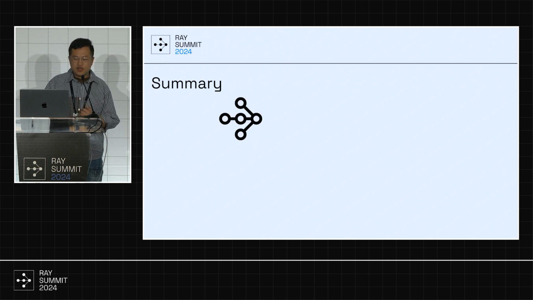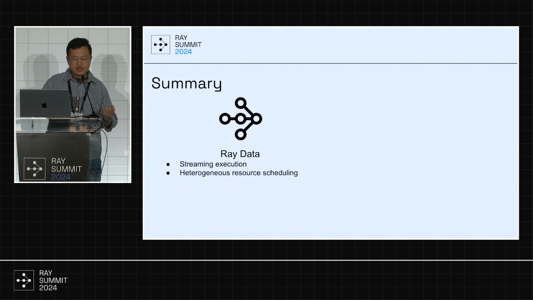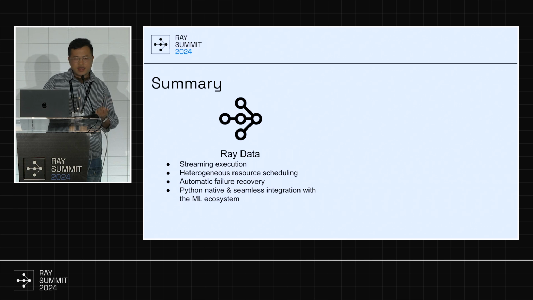Okay, so at the end of the presentation, let me do a quick summary of the key takeaways. So first of all, Ray Data resolves the key technical challenges with some key innovations: the streaming execution engine, heterogeneous resource scheduling, automatic failure recovery, and the Python native API that allows you to seamlessly integrate your Ray Data code with the existing ML ecosystem.